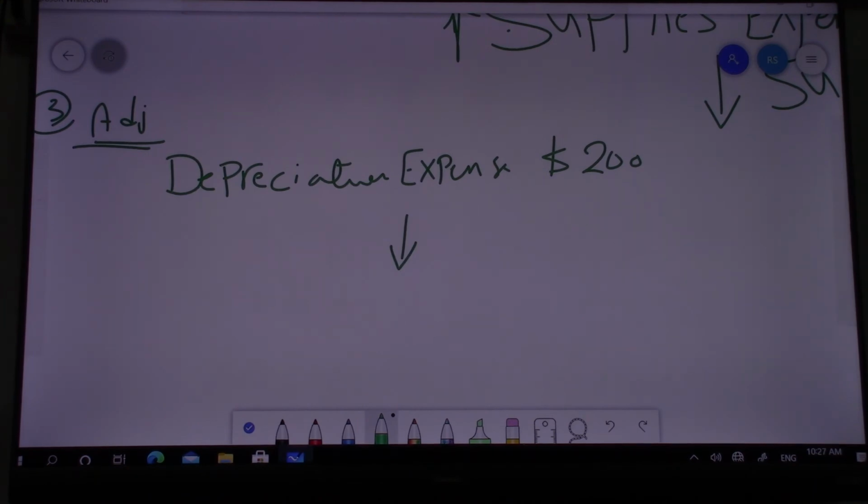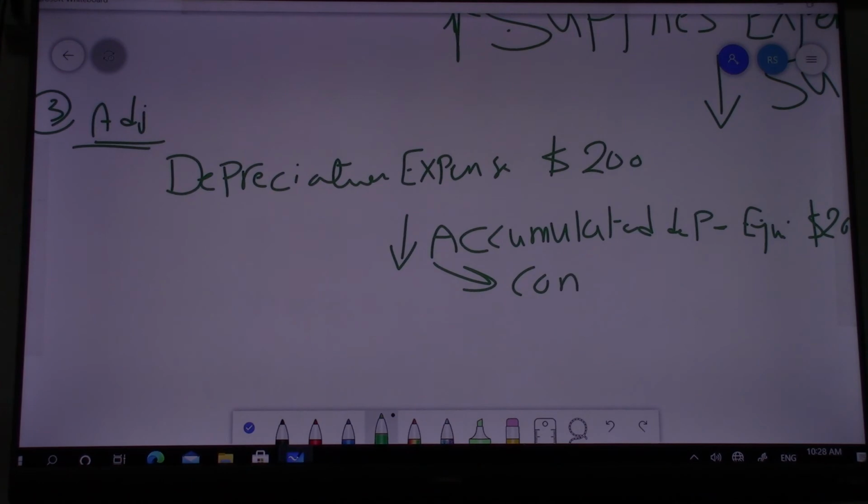No. We will decrease it indirectly through something called accumulated depreciation for equipment by $200. And as I have stated before, accumulated depreciation is a contra asset account. It's the opposite of an asset account.